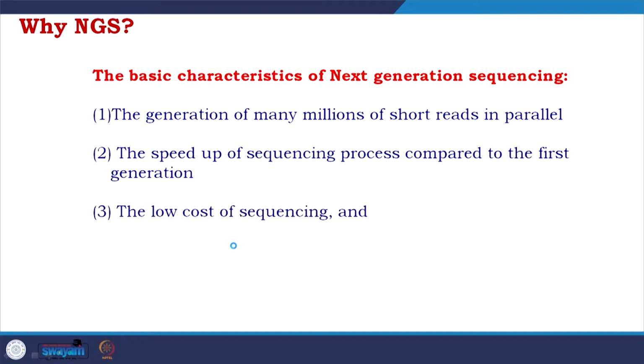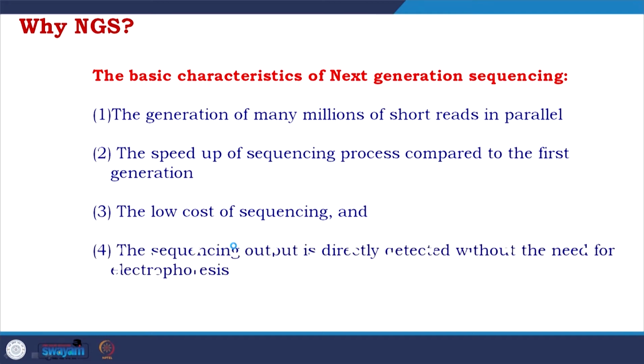Three, the low cost of sequencing, and the sequencing output is directly detected without the need for electrophoresis. When it is 1000 nucleotides, you could read it by looking at it, but when you are going for such a big number, you need automation, you need direct reading. So these are the basic characteristics of NGS.